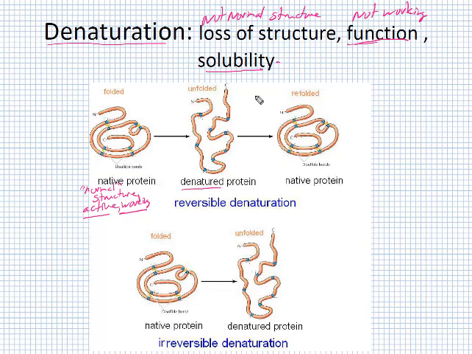What do we mean by solubility? Well, remember in the interior we had hydrophobic regions. When you unravel it like this, it exposes these hydrophobic regions, and it is no longer like a nice happy fatty acid micelle where all the hydrophobic tails are on the inside.